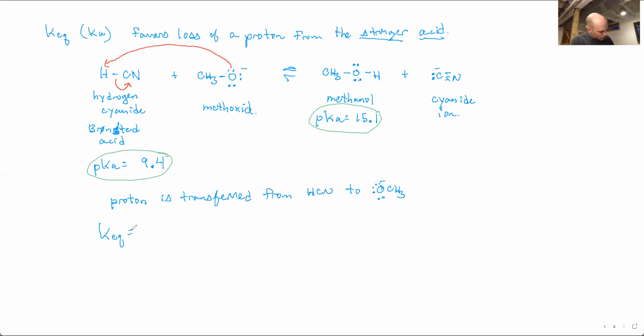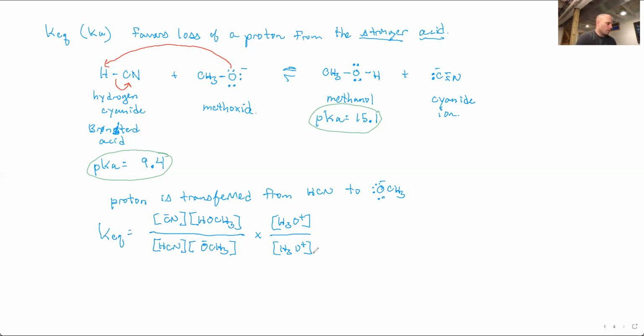the equilibrium constant is always the concentration of products over the concentration of starting materials, multiplied by the concentration of hydronium.